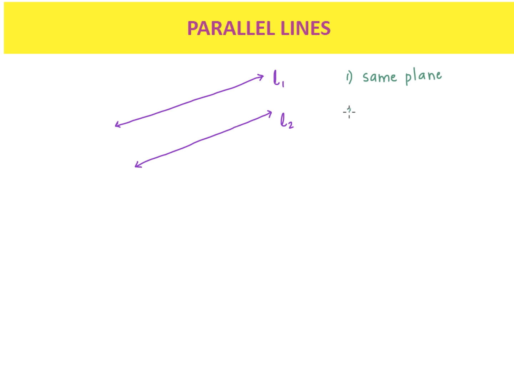The second condition is that they should never intersect. This means that even if they keep going on forever and ever and you extend them, even then they should never intersect with each other. So let's take this example.